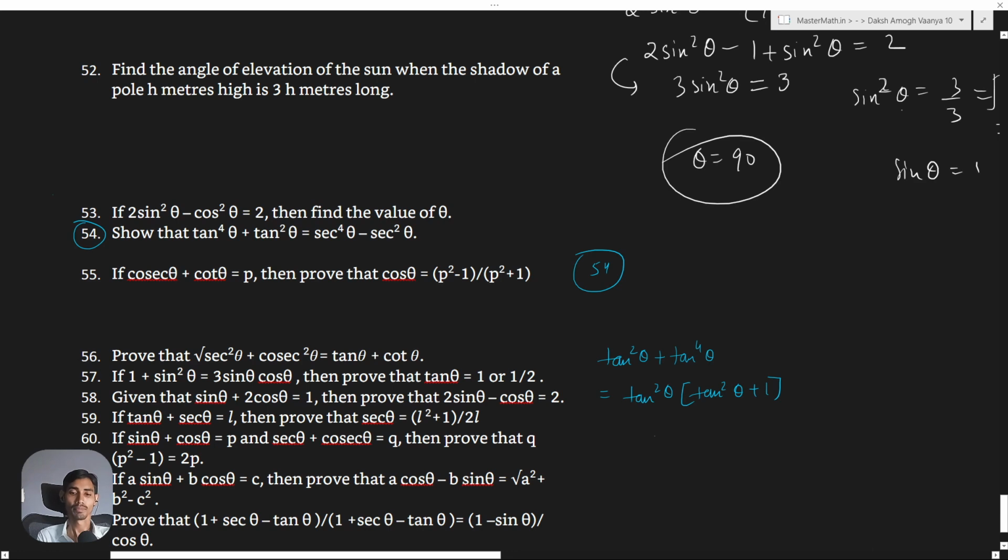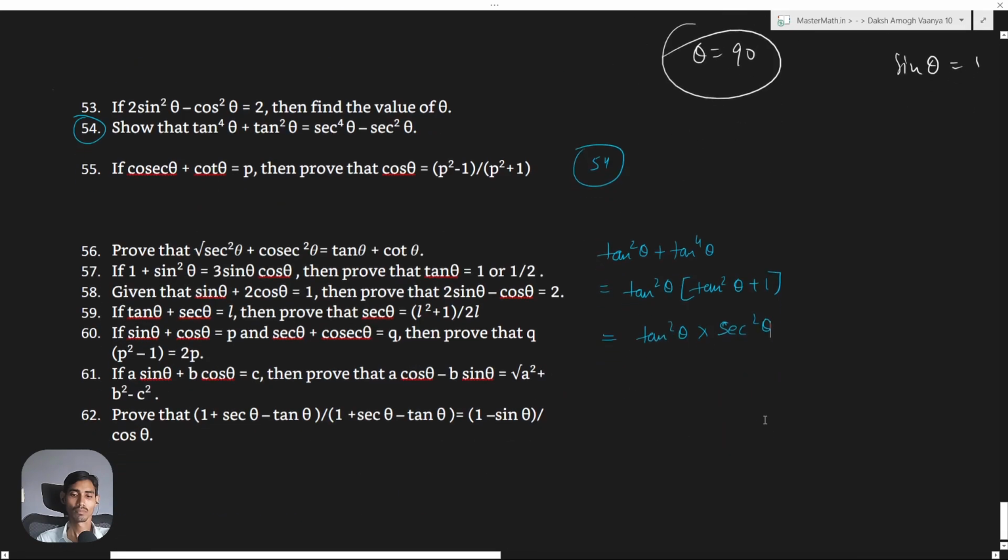That equals tan square theta into sec square theta, which equals sec square theta minus 1 into sec square theta. Easy.